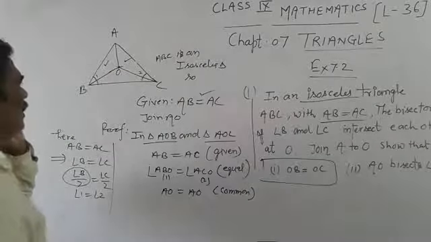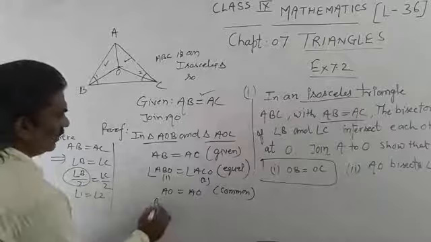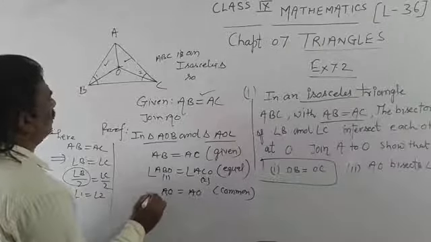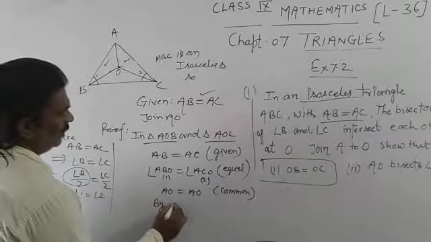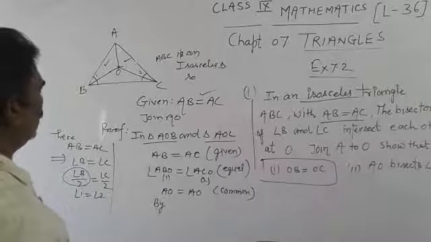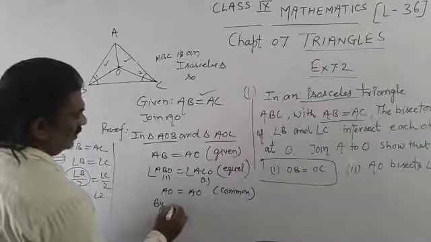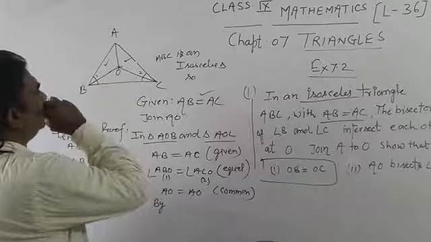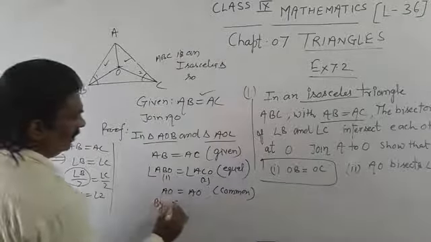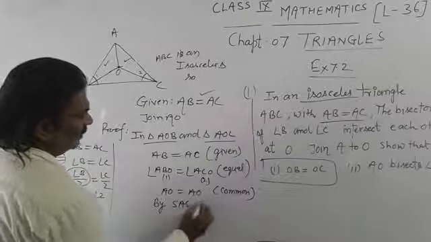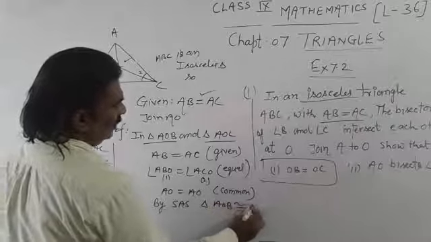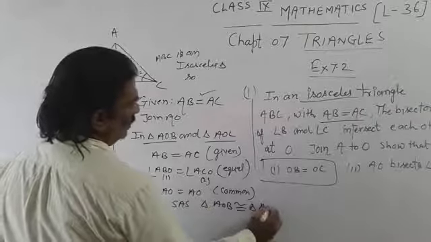So by SAS property, two sides are equal and one angle is equal. So we can say by SAS property, triangle AOB is congruent to triangle AOC.